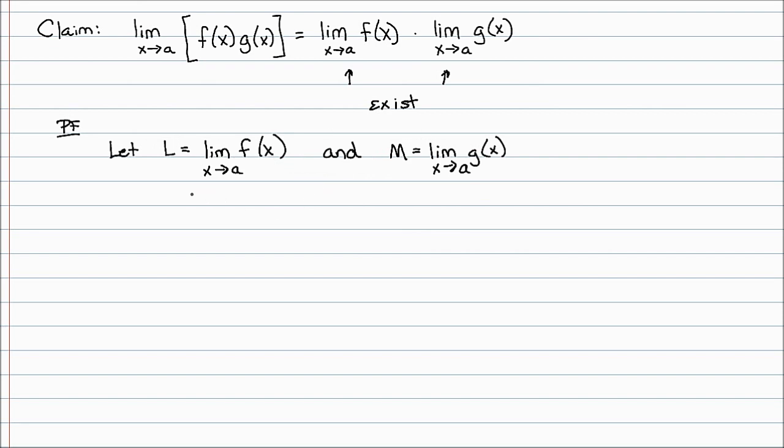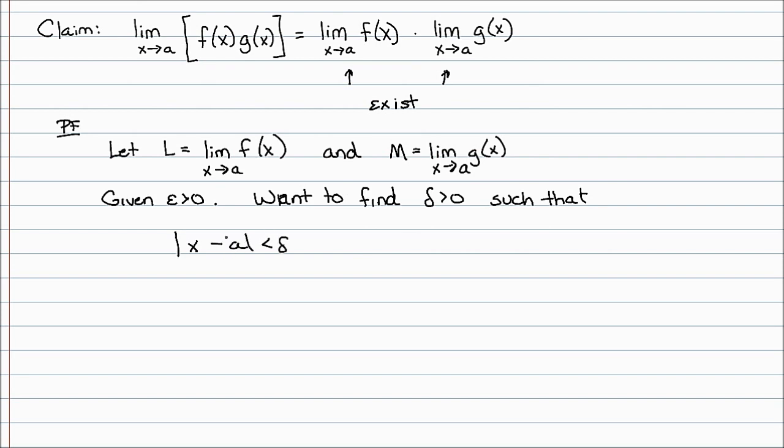Now our goal: somebody came along and basically said, hey, here's an epsilon. I bet you can't show that this limit is equal to the product of the limits of each of the functions given this epsilon. So what we want to do is find some delta greater than 0 such that when the distance between x and a is less than delta, in other words, when our inputs are in a delta neighborhood, that's what that's saying.